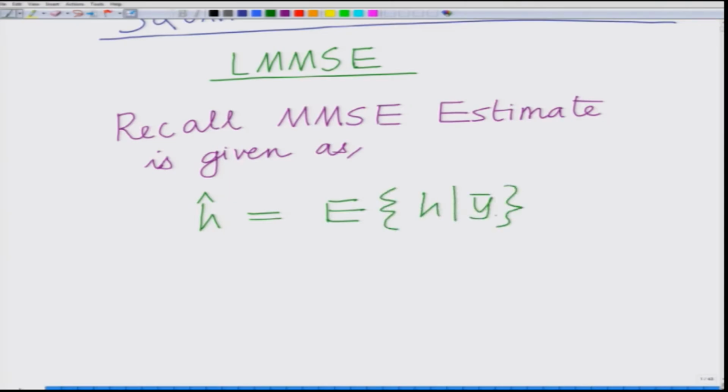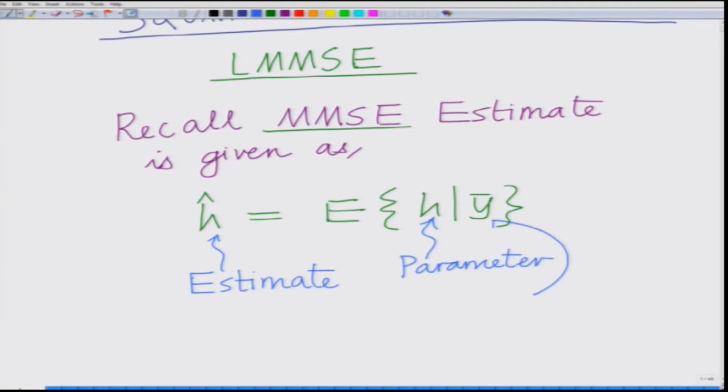This we have said is the optimal MMSE estimate, okay, where h hat is the MMSE estimate, h is the parameter and y bar is the observation vector.